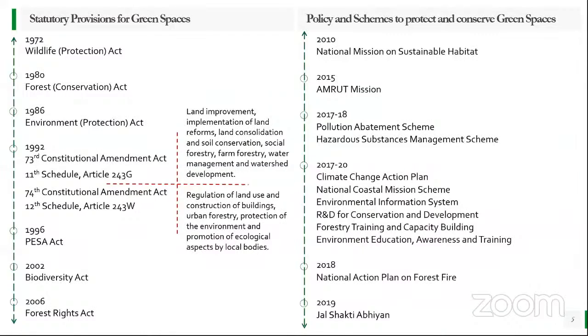The Climate Change Action Plan, under the National Action Plan on Climate Change, involves capacity assessment to achieve sustainable development. The National Adaptation Fund scheme covers agriculture, water, forestry, urban, coastal and low-lying areas. Then mapping to protect the coastal environment. So these are the different schemes which are still going on to preserve and conserve green spaces.